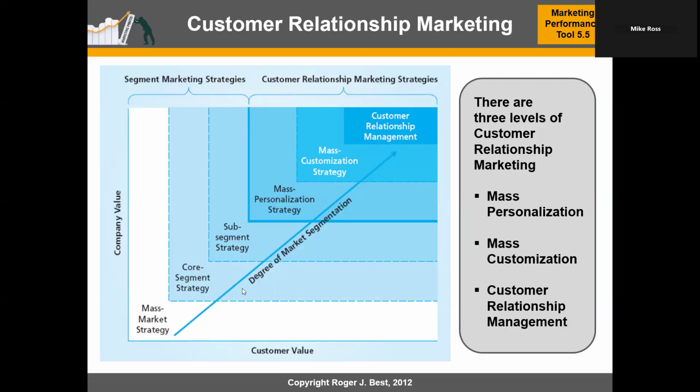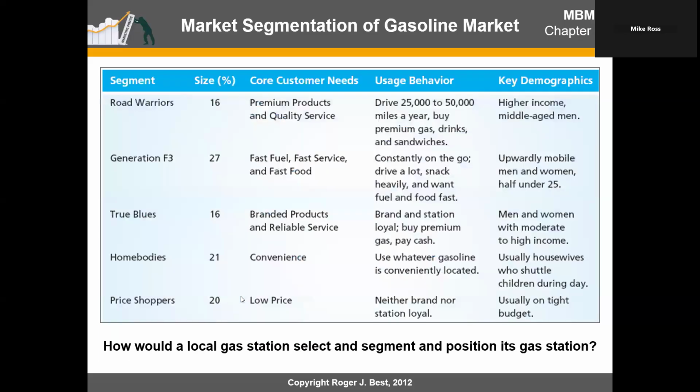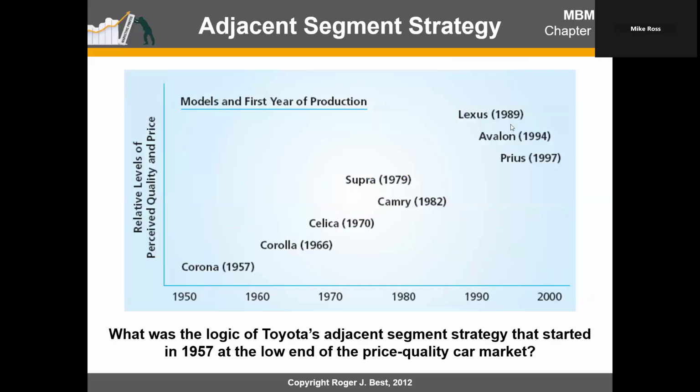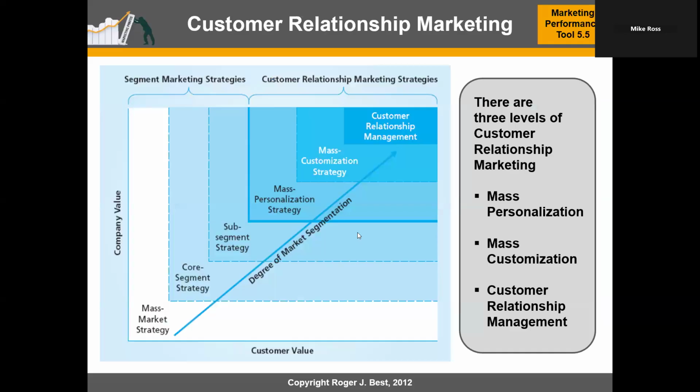And then, kind of like we were looking at before with Toyota and its adjacency strategy, we can start to see that at the lower end here, the company value of a particular segment is lower, and the customer value is lower.